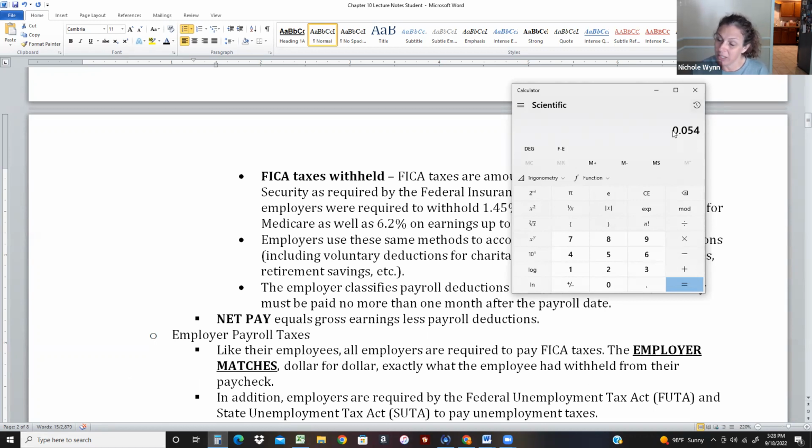And this rate varies depending on how many claims the business has. And so if Friends University's rate is 0.054, but then they fire 30 people, their rate can go up. And so it can get higher than that. And if they never fire anybody, their rate can go down. So everybody's SUTA rate varies depending on claims. So again, these are paid by the employer, not the employee.